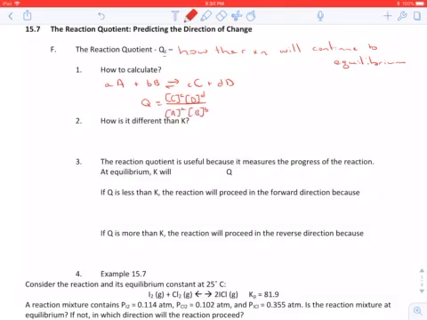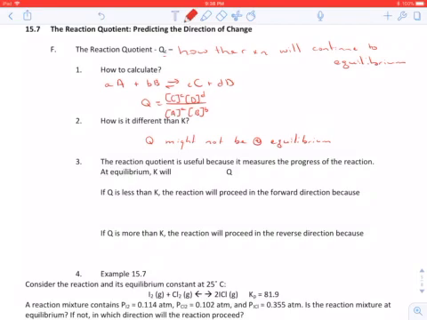Very simply, it's exactly like calculating K. The only difference is that Q might not be at equilibrium. We don't know. That's what we're trying to figure out. So are we at equilibrium or are we not?